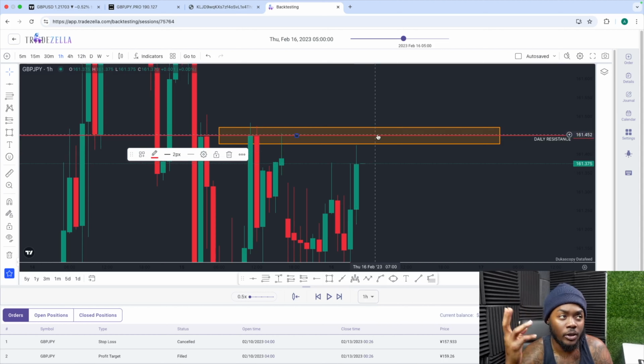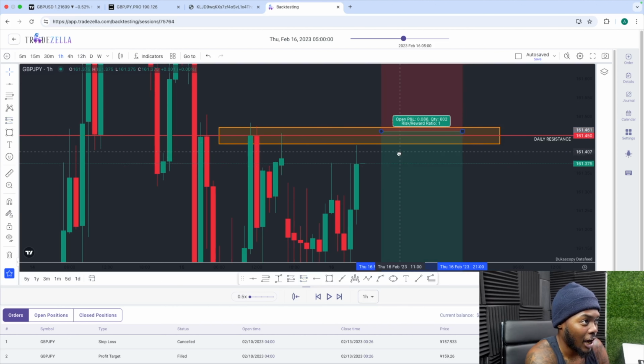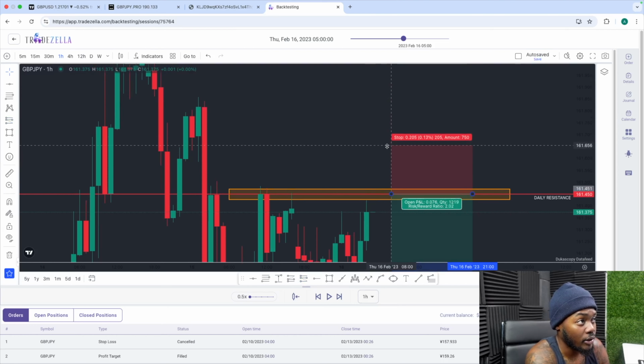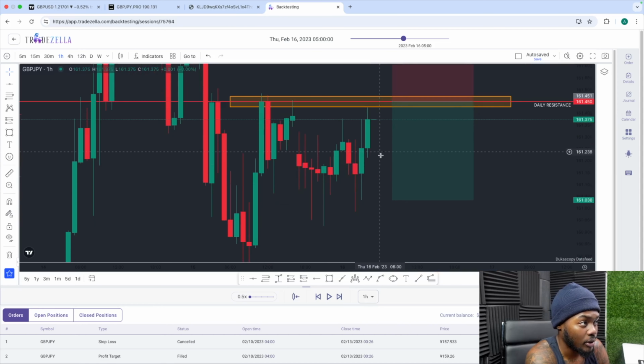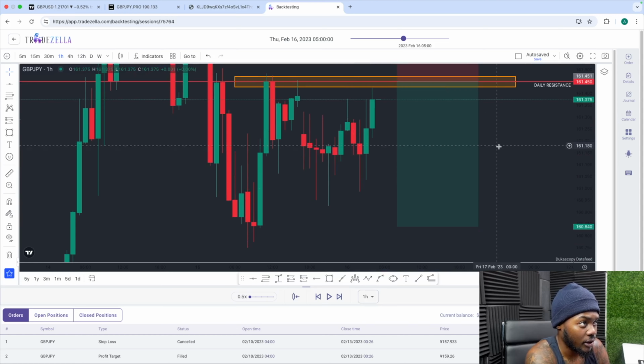Like I said, hypothetically speaking, this is a daily resistance, but I'm waiting for price to get here to then come back down. So I believe price is going to continue to keep dropping, right? This would be my intentions. I would want price to continue to drop, and let's just say I'm targeting this area here.